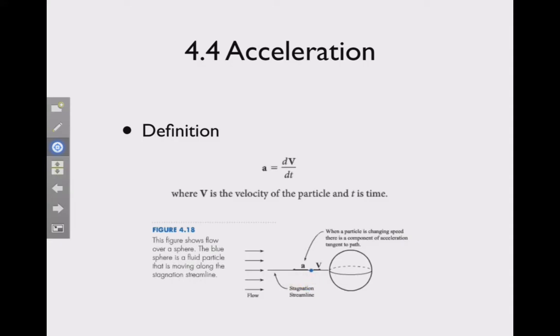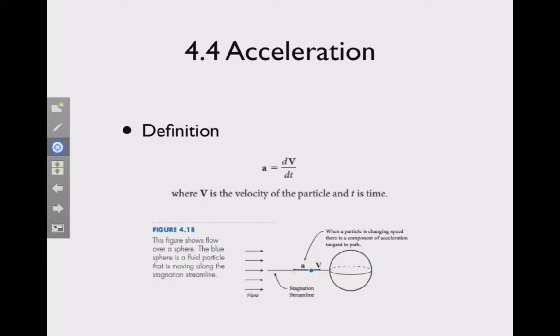When the velocity starts to decrease from its uniform value out here in the undisturbed flow to the stagnation point, the fluid actually needs to decelerate. So when a particle is changing speed, there's a component of acceleration tangent to the path.